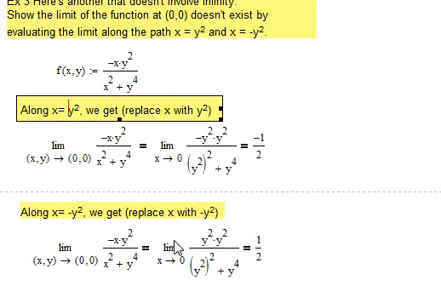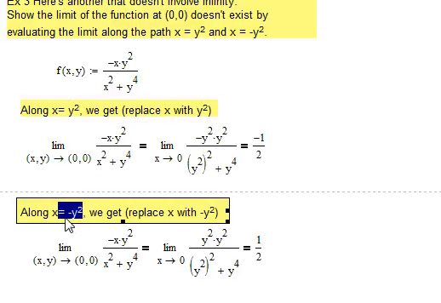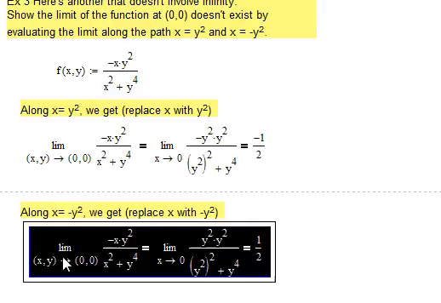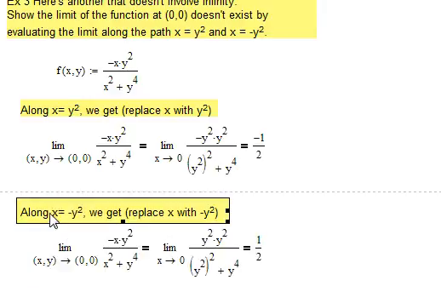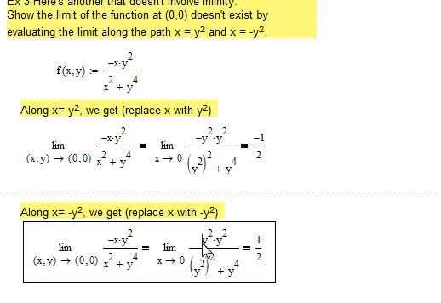Well, let's look at the limit on the path x equals negative y squared, which is almost the same as x equals y squared, except the two branches of that parabola surround the negative x-axis. Okay, so here we go. We're going to look at this limit. We're going to replace all our x's with negative y squared. So here's this x being replaced with negative y squared.